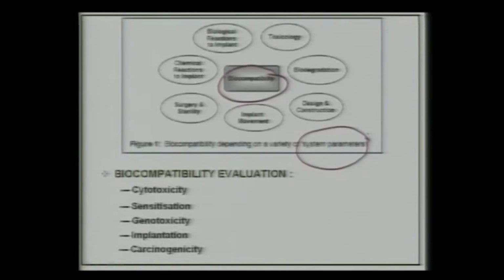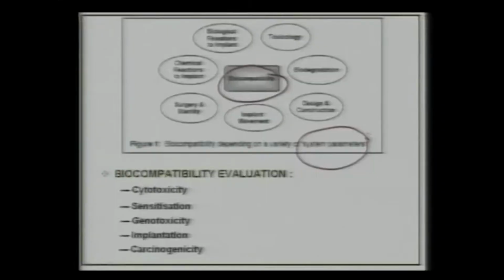Now again, if a material is found to be biocompatible in the rat model or rabbit model, that may not necessarily guarantee that the same material will be successful in human experiments, because the in vivo conditions in the rat or rabbit are quite different from those inside the human being.